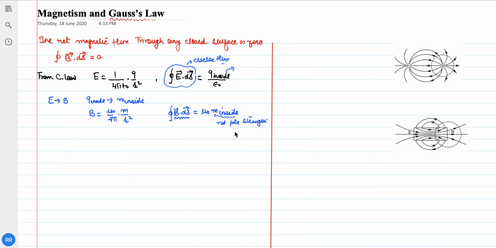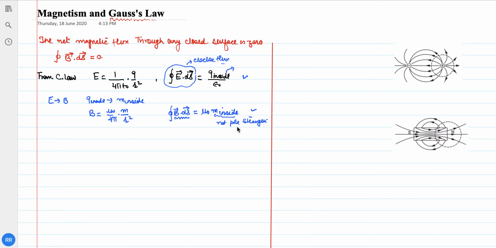However, there is an additional feature. There is a basic difference between electric flux and magnetic flux. In case of electric flux, a single charge exists. But in case of magnetic flux, magnetic monopoles do not exist. The smallest unit of magnetic field is the magnetic moment, which is because of the magnetic dipole.